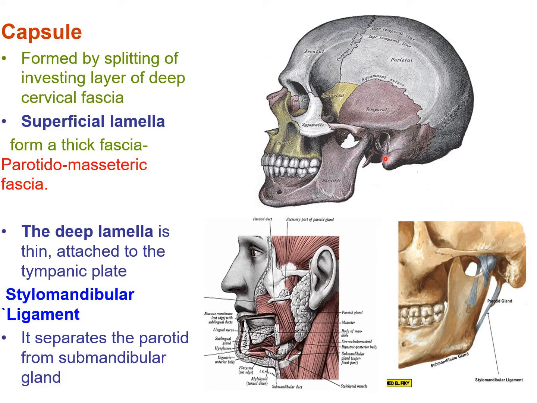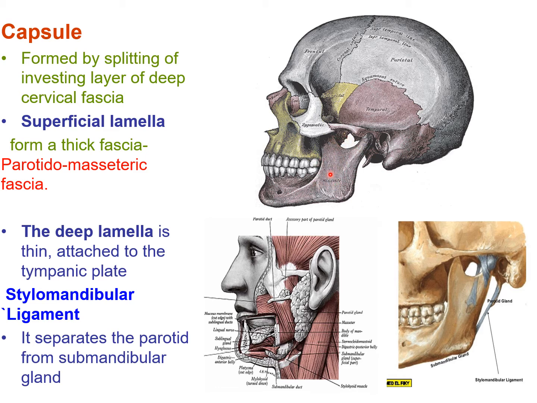The parotid gland is enclosed in a capsule, which is also known as the parotid sheath. Now this parotid capsule or parotid sheath is derived from the investing layer of deep cervical fascia. The investing layer of deep cervical fascia splits into two, the superficial lamina and the deep lamina. The superficial lamina of the sheath is strong and it gains attachment to the lower border of the zygomatic arch.